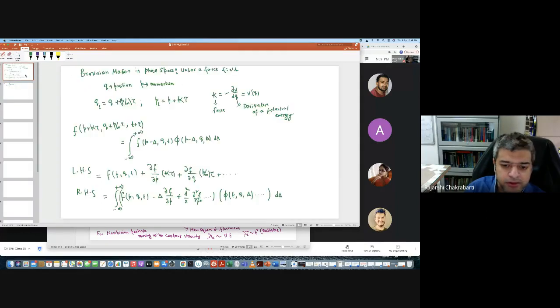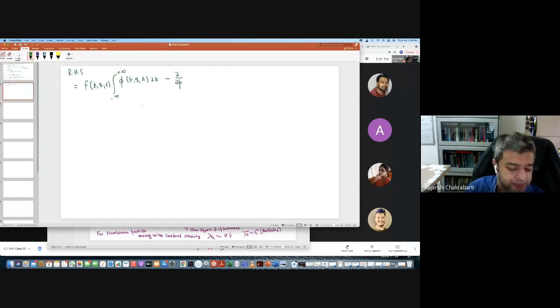Just go back, you can see this term with respect to t, and then you had f, and then you had this integral. You will have this integral delta phi pq delta.